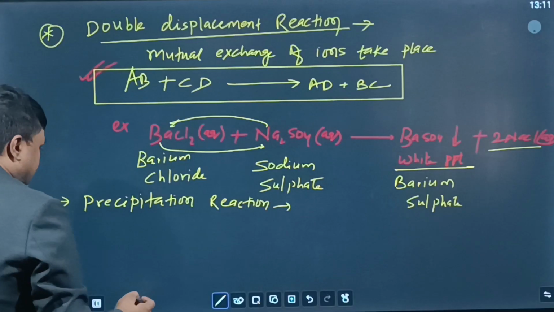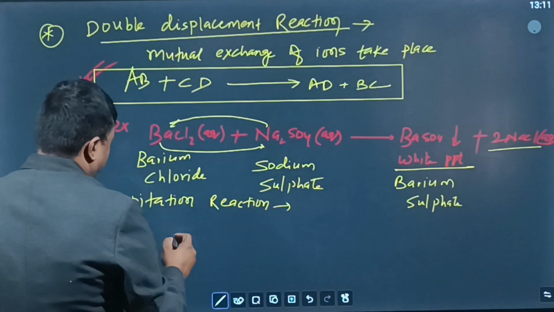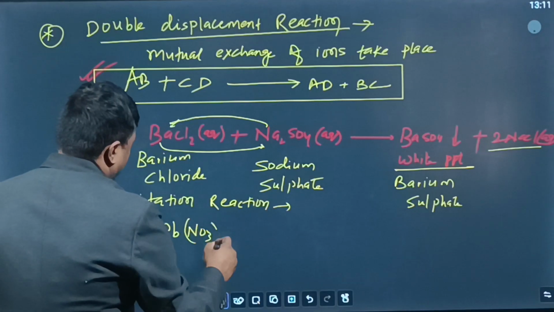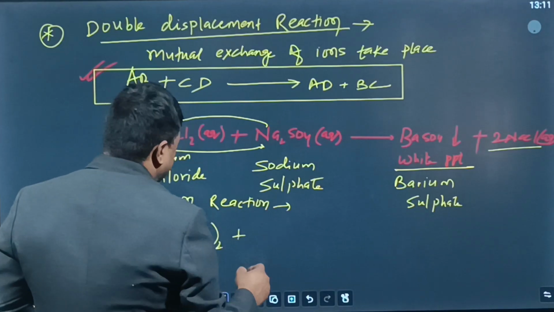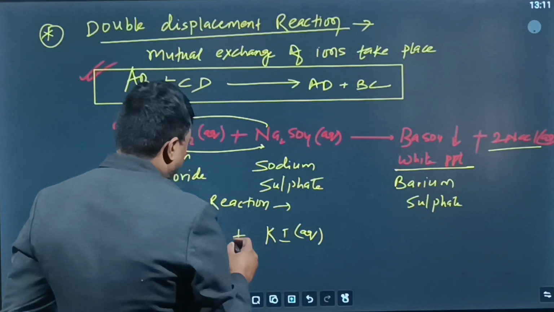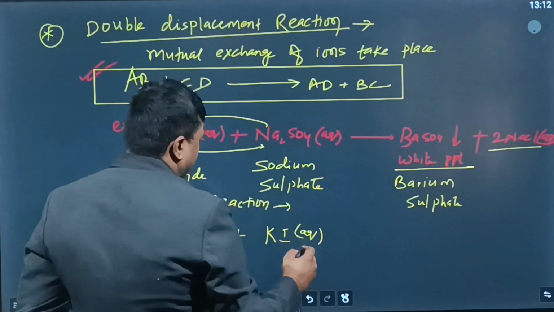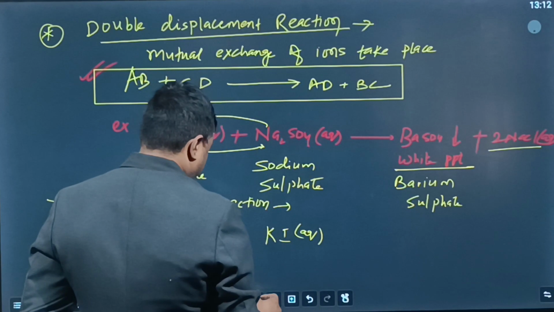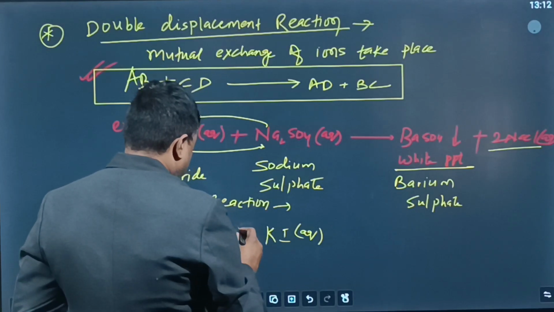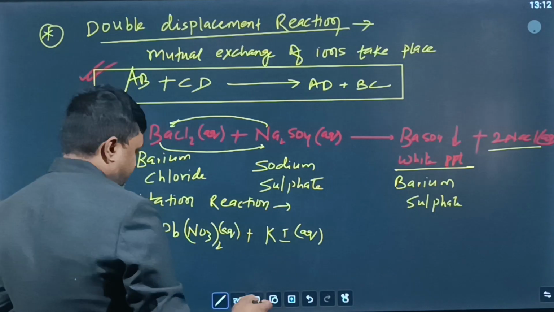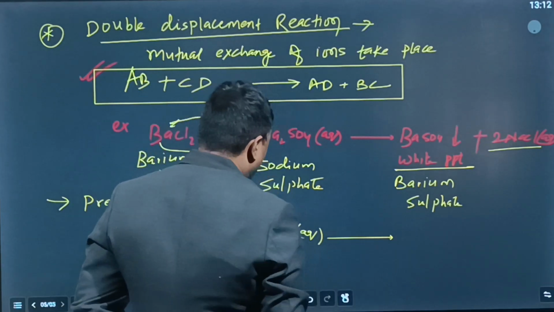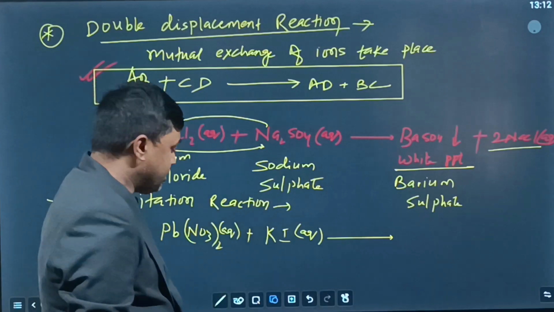You can take another example, children. Reaction of lead nitrate, Pb(NO3)2, with potassium iodide, KI aqueous solution. Both are aqueous solutions, children. So what will form? Here you can see a yellow color precipitate of lead iodide is formed.